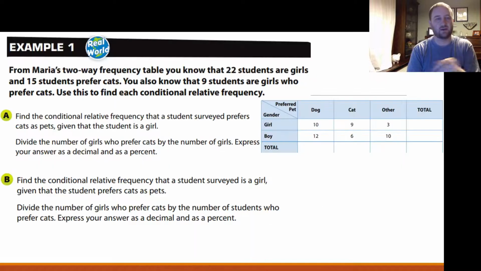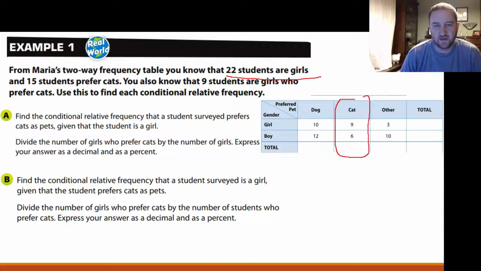Now let's look at a couple of examples involving this. From Maria's two-way frequency table, which we talked about on Wednesday, she did a study based on boys and girls, whether they prefer dogs, cats, or other pets. From that table, you know that 22 students are girls and 15 students prefer cats. If we look at the cats total here, 9 plus 6, that's 15.